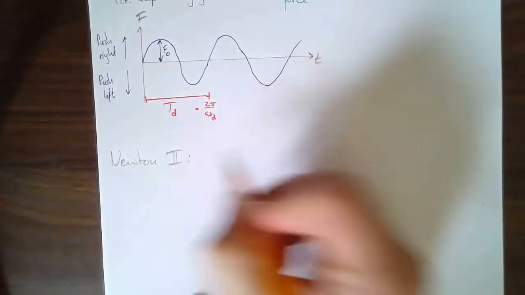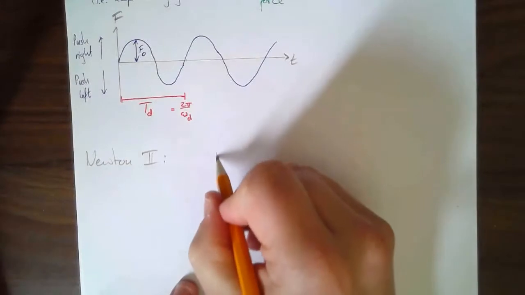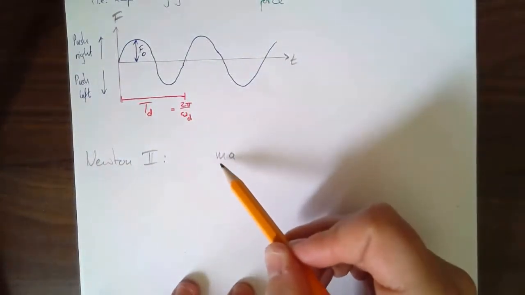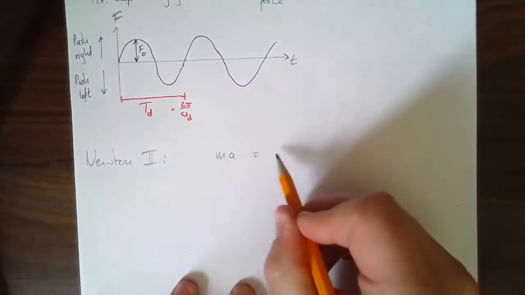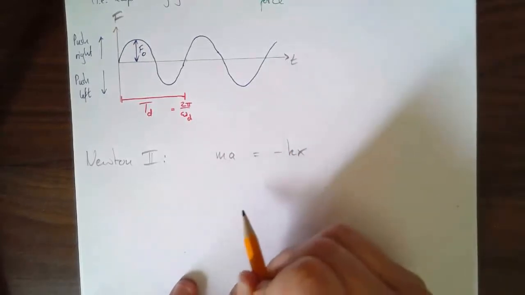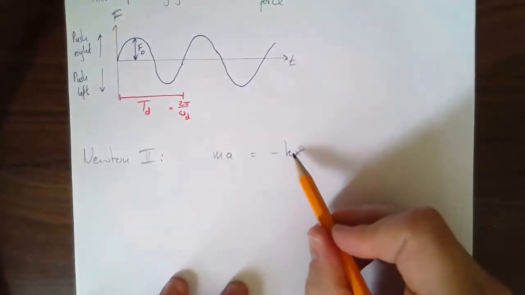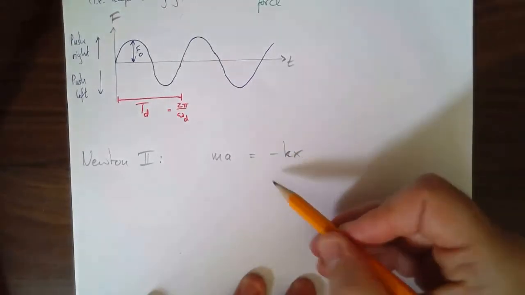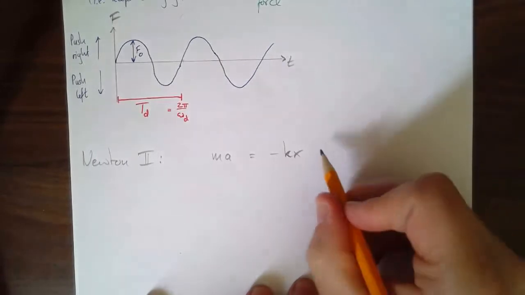Newton 2. I've got that ma, and maybe we can imagine this being like a mass on a spring. So I'm going to write minus kx, but of course the k could be an effective spring constant of some system that is not literally a mass on a spring.